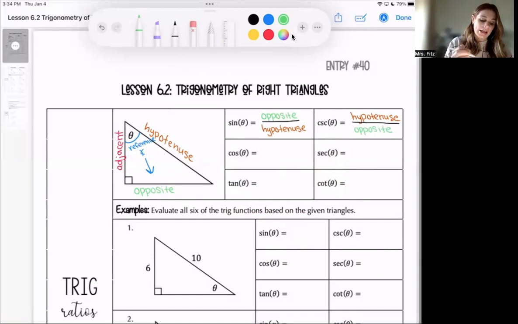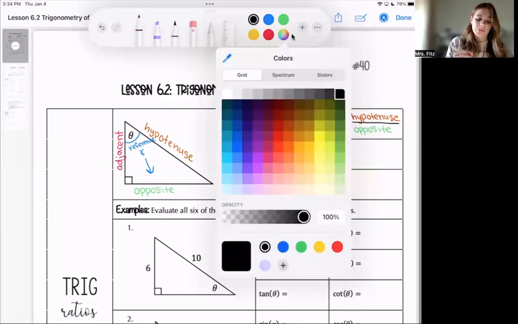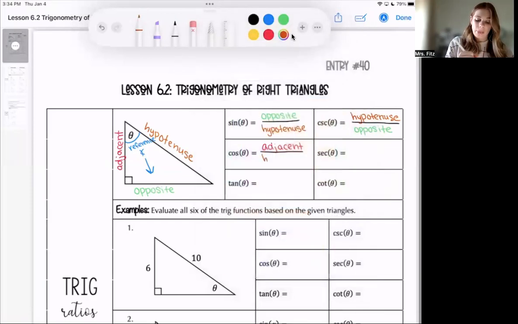Okay, cosine, instead of using that opposite leg, you're going to use the adjacent leg, but it's over the hypotenuse. And then once again, secant is the reciprocal of cosine. So you're just going to flip that ratio. It's going to be hypotenuse over adjacent.